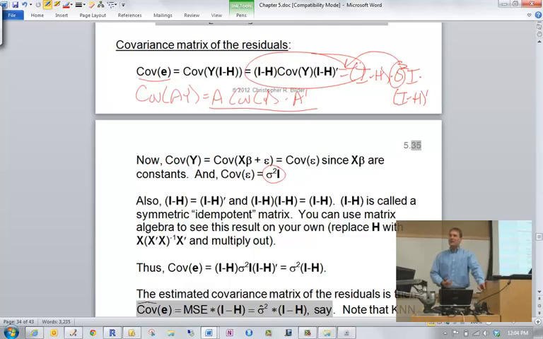I is the identity matrix, so if I take I times something else, it's that something else. So that disappears. So I'm left with sigma squared times (I minus H) times (I minus H) prime. Okay.